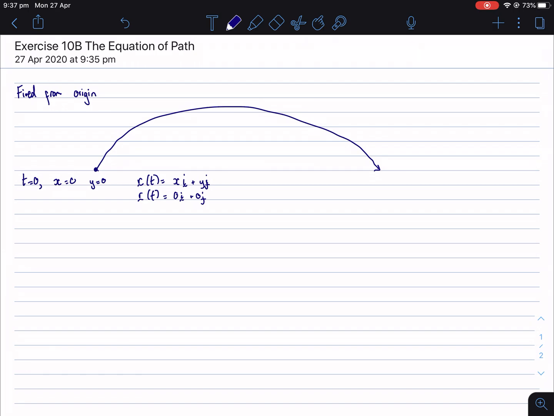The velocities, so x dot and y dot, we're going to zoom in. And let's say we took off with initial velocity v meters per second at angle theta up from horizontal.